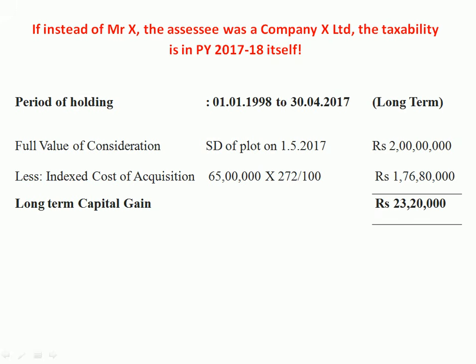So this provision may not really prove to be beneficial, as it may result in a higher tax to be paid by the individual. But the benefit of this change is that the taxability gets pushed to the year of completion. But remember, the change is applicable only to an individual or an HUF.